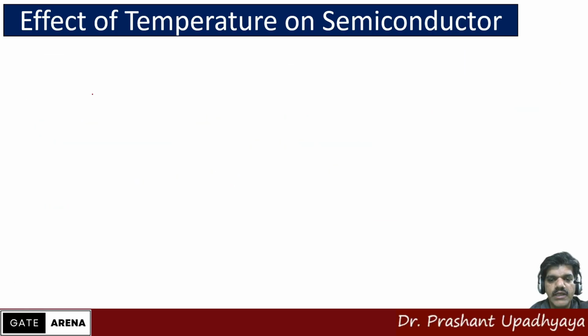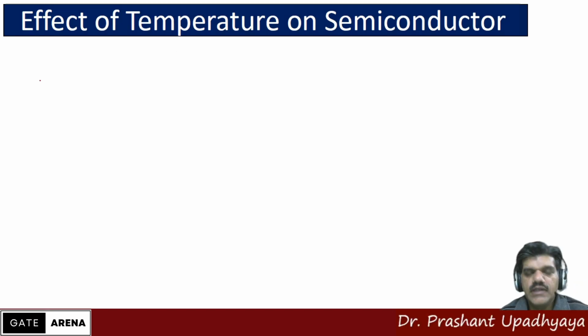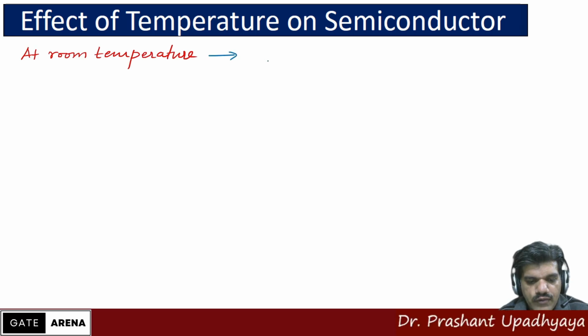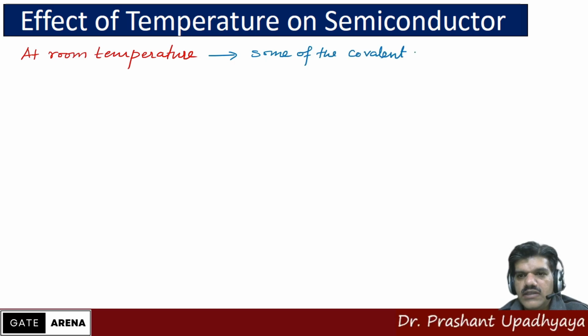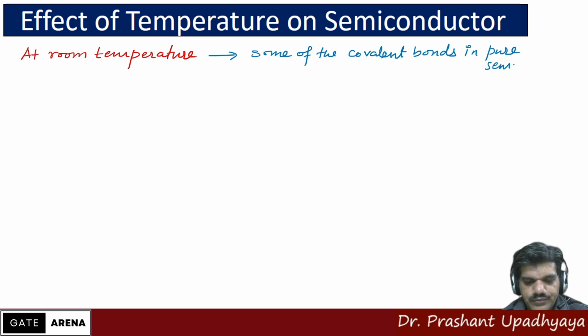Now, let's talk about the effect of temperature above absolute zero. First, we have to understand what happens to the semiconductor at room temperature. When the temperature rises, some of the covalent bonds in the semiconductor break, and this breaking of bonds is due to the thermal energy supplied to the semiconductor material.